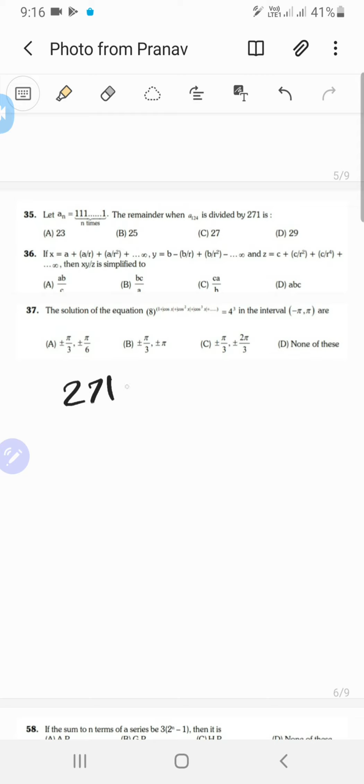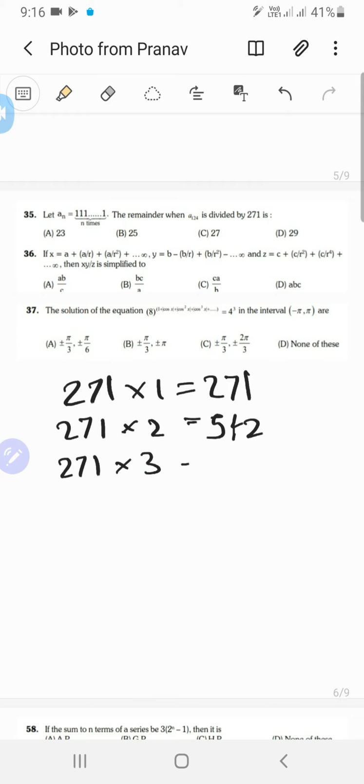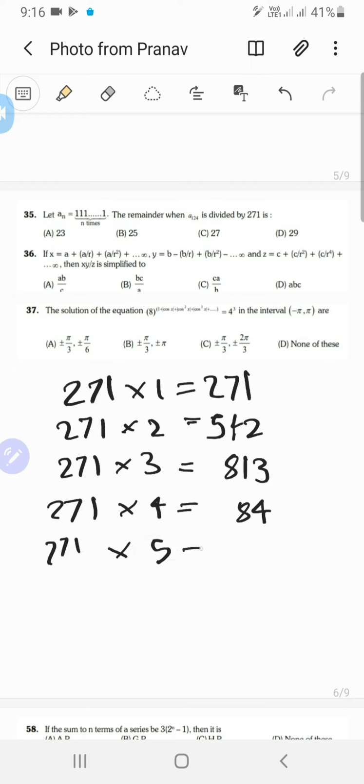So 271 times 1 is obviously 271. 271 times 2 is 542, 271 times 3 is 813, 271 times 4 is 1084, it's not working. 271 times 5, okay, this might work, this just might work, 1355.